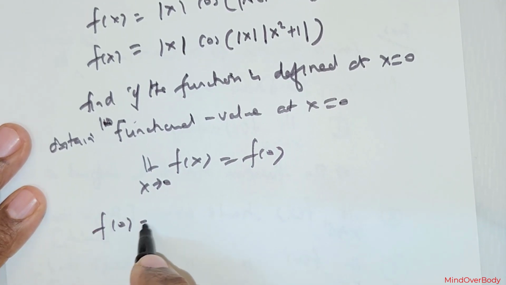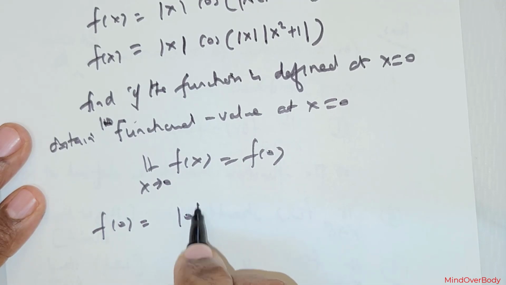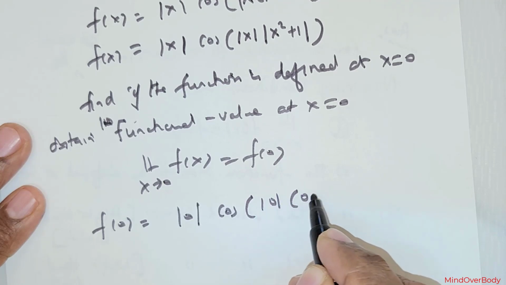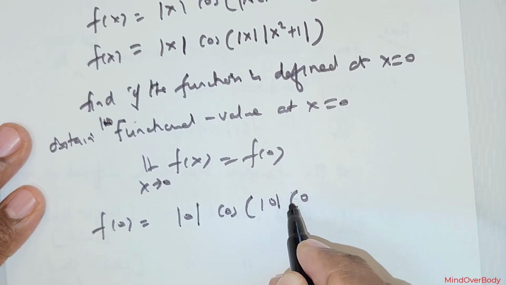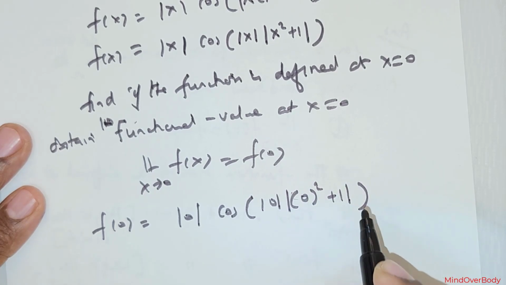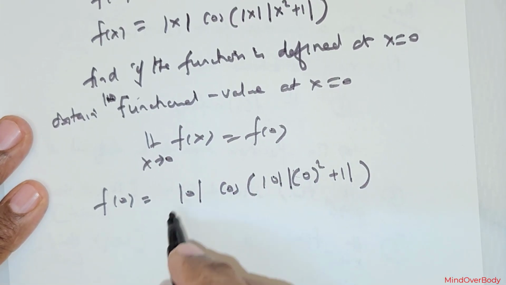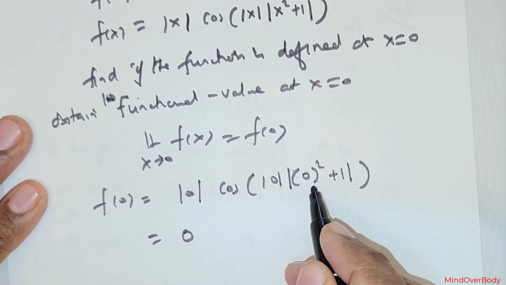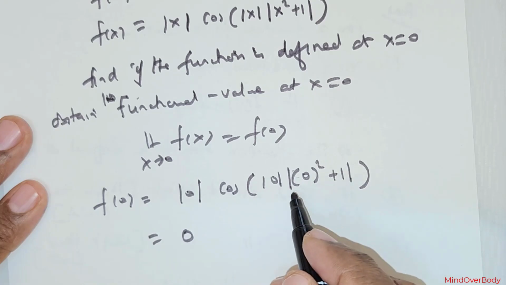So f of 0 is nothing but modulus of 0 times cos of modulus of 0 times, let me write it like this, modulus of 0 squared positive 1. Now modulus of 0 is 0, cos of modulus of 0 is 0, 0 positive 1, 0 times anything is going to be 0.